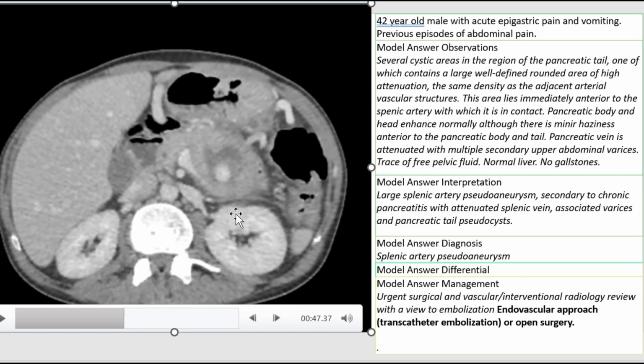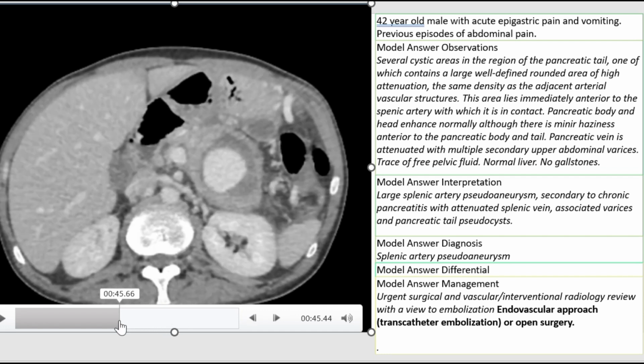The splenic vein here is attenuated, and this is associated with secondary abdominal varices, upper abdominal varices. Can you see the varices?